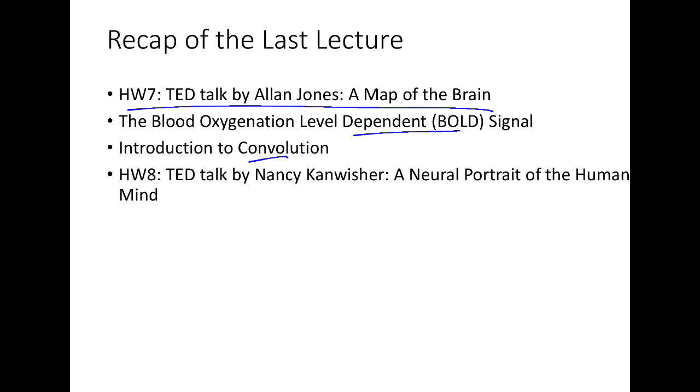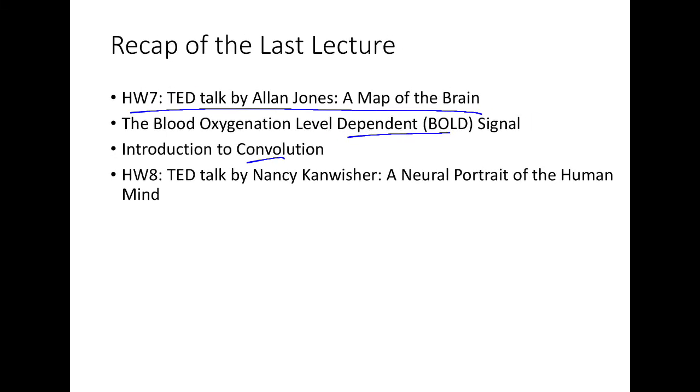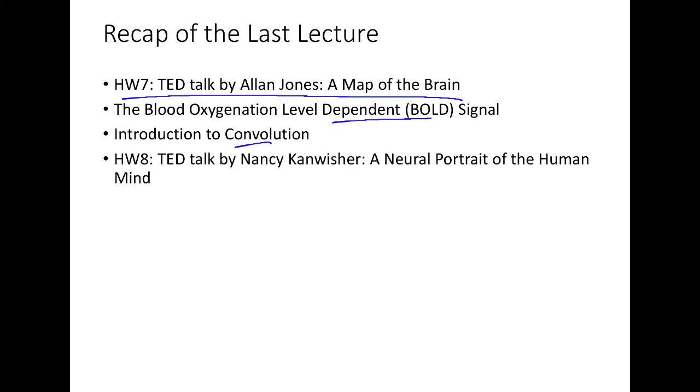So you look at the neural activity, you convolve with the hemodynamic response function, also called HRF, and you get the expected BOLD response. You add noise to it, and that's it. And we also discussed how Nancy discovered what is called the fusiform face area, right?